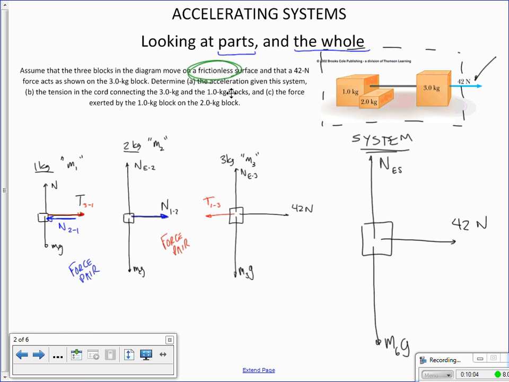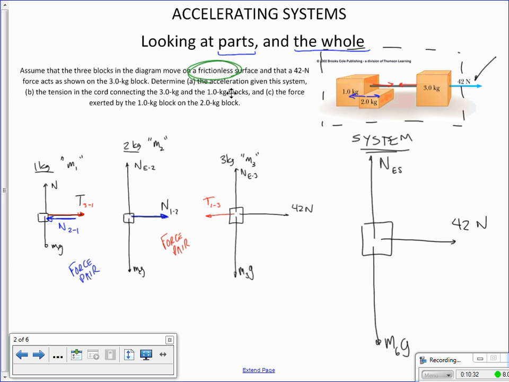And then what about this tension force or these normal forces exerted here and here? Notice that here's my red force pair of tensions, and here's my blue force pair of normal forces. Well, those are in the box. Those are in the system.